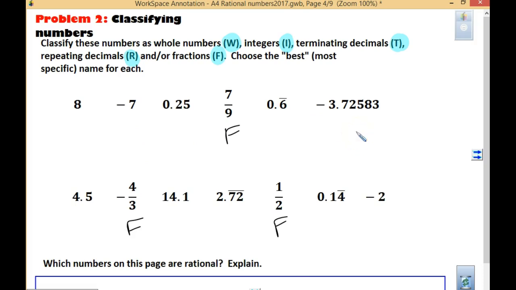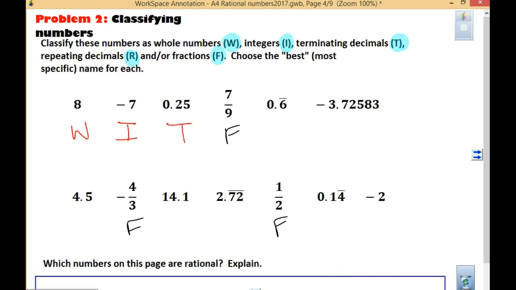Whole numbers can't be a fraction or decimal, right? And they can't be negative. So if I was looking at those, Zach, what might I be looking at? 8. Any other ones? -7. -7 is what? It's an integer. Okay? So I want you to do the rest of them. We did a couple. I want you to do the rest.